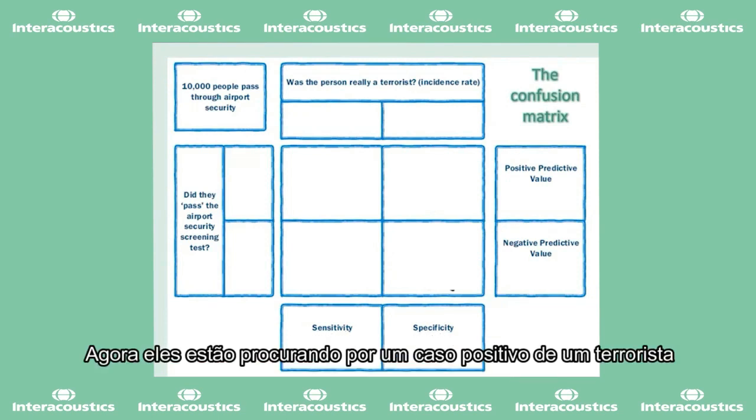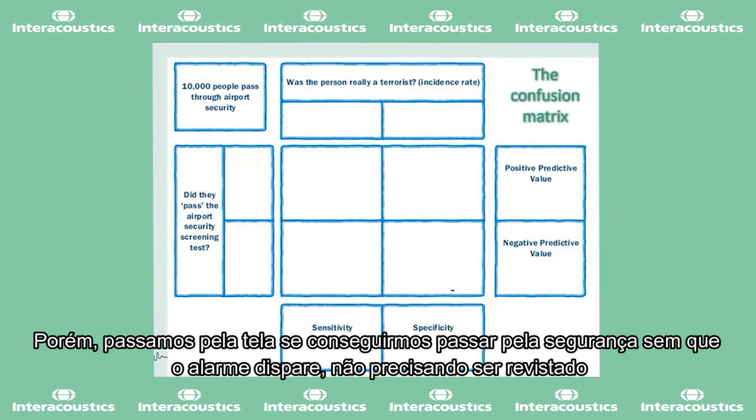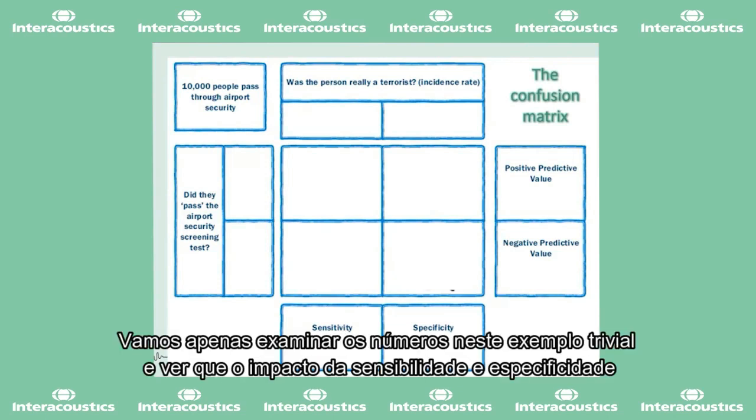Now, they're searching for a positive case of a terrorist. However, we pass the screen if we are able to go through security without the alarm going off and having to be searched.